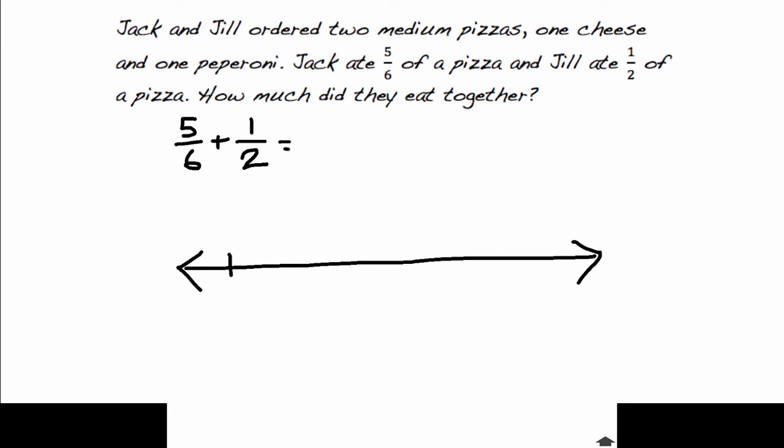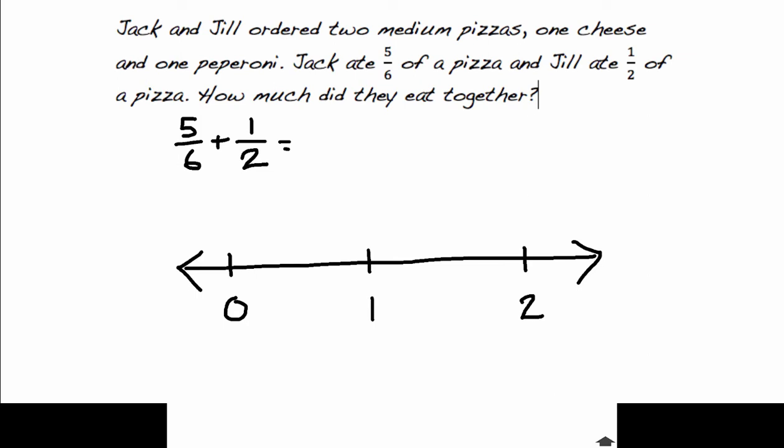So I know that I'm going to have my number line start at 0. I know that I'll be close to 1 with 5/6, and that I'll also be adding 1/2. So that'll put me over 1 whole unit. So I'm going to make my number line go from 0 to 2.